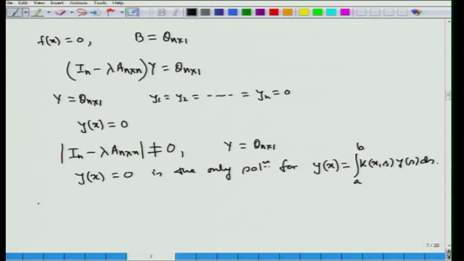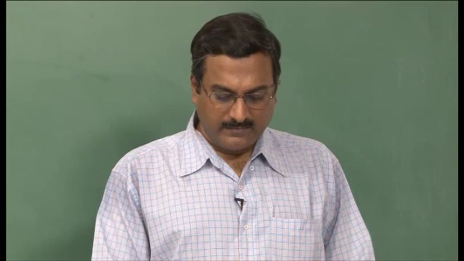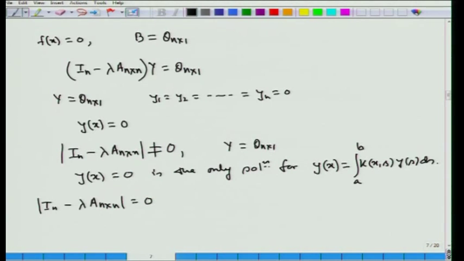Next, we consider the case that the determinant of I n minus lambda A n cross n is equal to 0. Now, what is happening here? If this determinant is 0, then at least one of the y j can be assigned some arbitrary non-zero value, and then accordingly the remaining y j's can be obtained in terms of this y j.